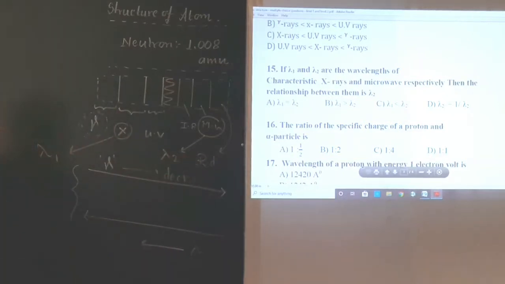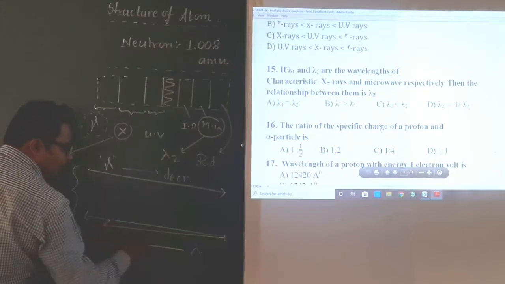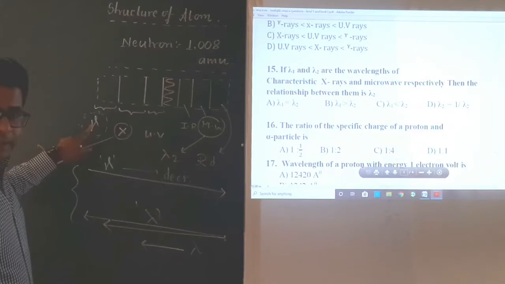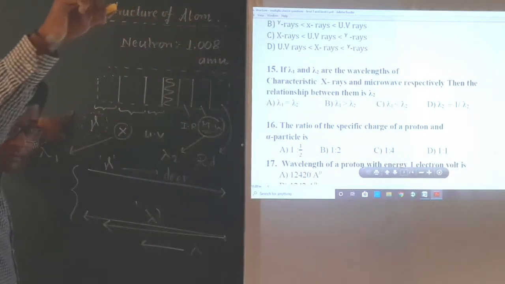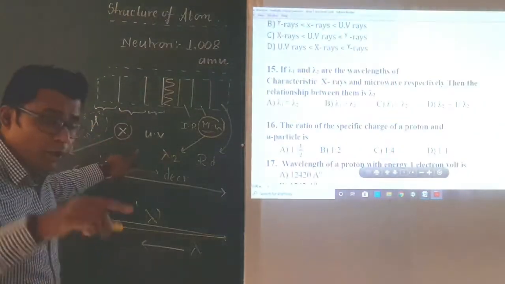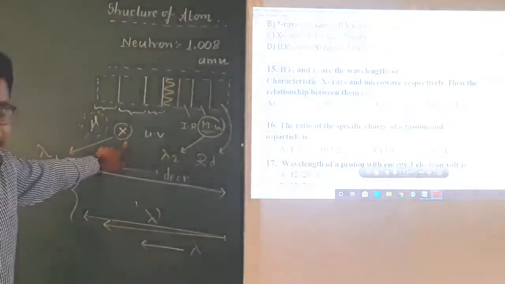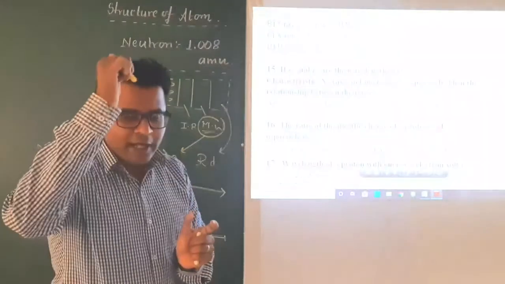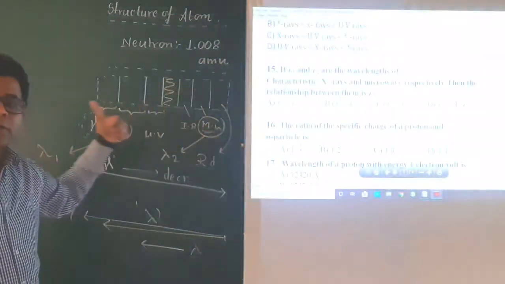As I have already explained, as we come from right to left, the wavelength or lambda goes on decreasing. That means microwaves have a higher wavelength than X-rays, but of course the energy or frequency of microwave is lesser compared to X-rays. So what do you have to remember? Lambda for microwave is greater than lambda for X-rays.